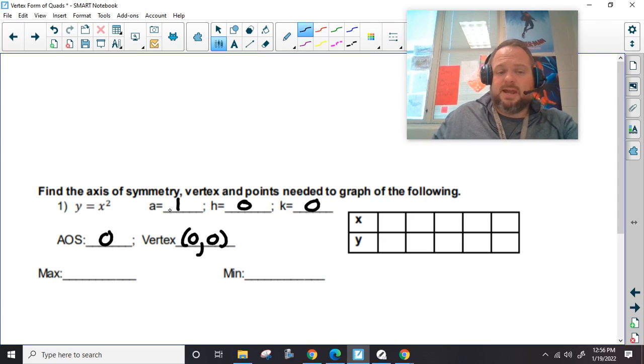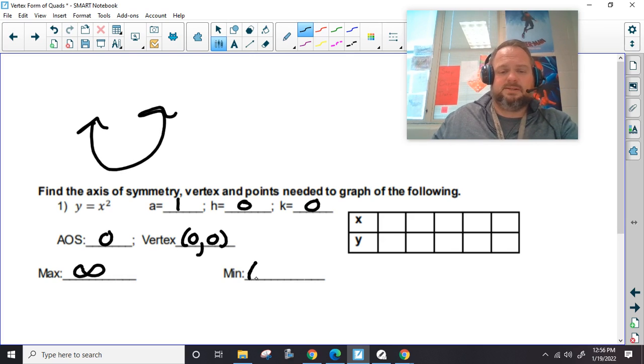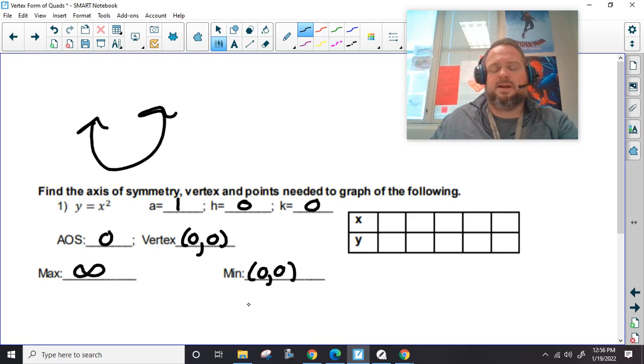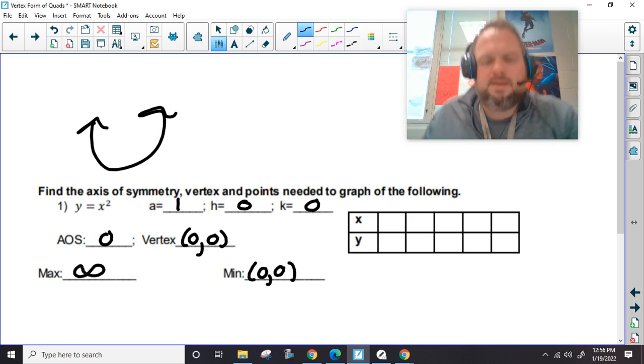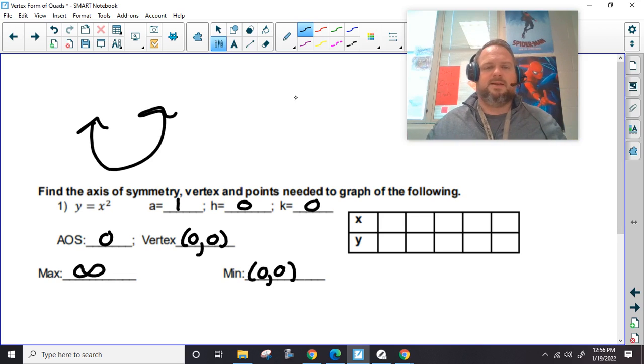Now, because our A is positive, our max is going to be infinity. That means it opens up like this and it's going to go to infinity and beyond. Our smallest point, our minimum point, is going to be our vertex right here, so 0, 0. This is a very easy problem, just kind of getting into it. Our H value actually goes in the middle right here.